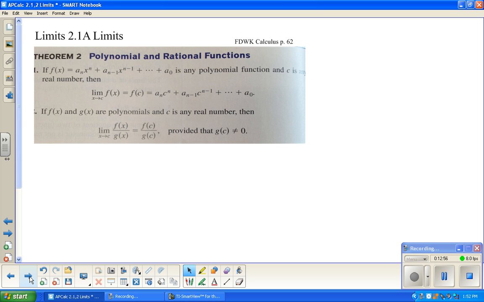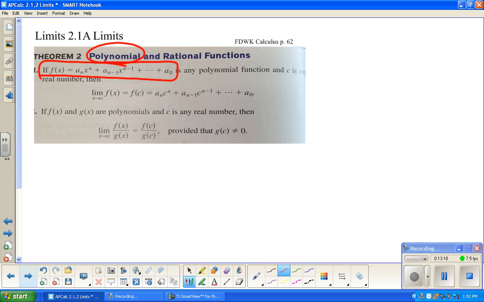All right, so this is also from your calc book. It's from page 62. This is the Finney, Demana, Waits, Kennedy calculus book. And really, you have to ask yourself, what's the point? What's going on? So they're saying they have some polynomial function.